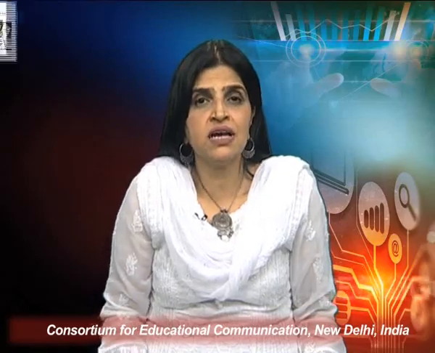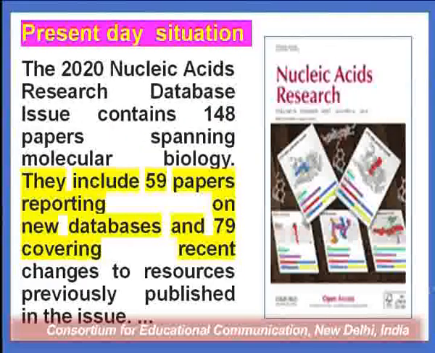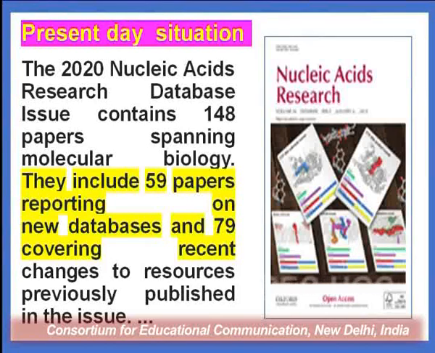The other 79 papers covered the recent changes in the resources of previously published databases. So 59 papers cited new databases, and 79 covered the changes in previously existing databases. That is the present day scenario for the databases.